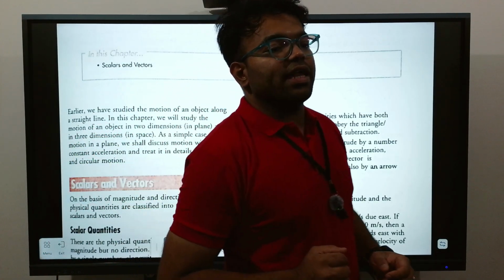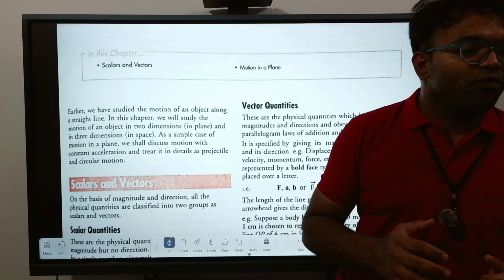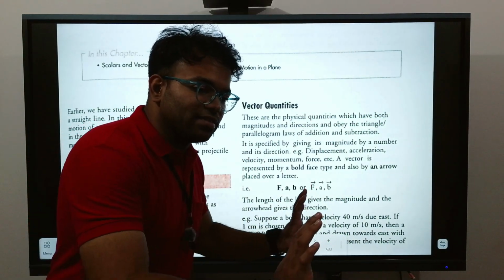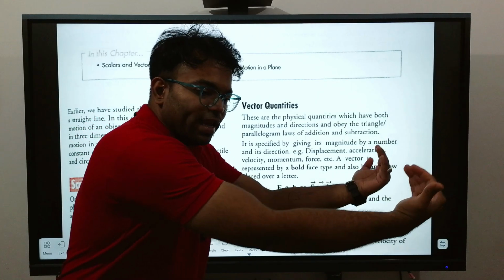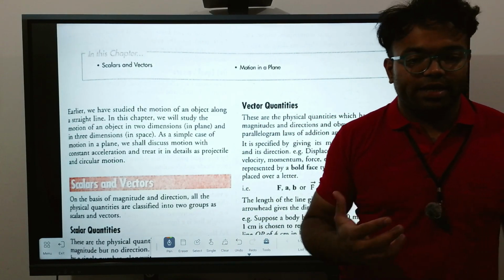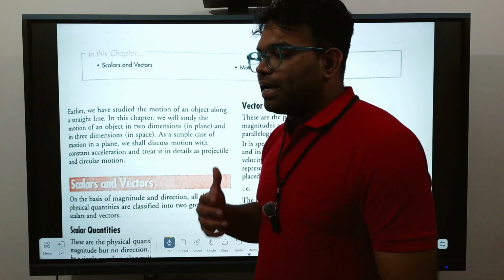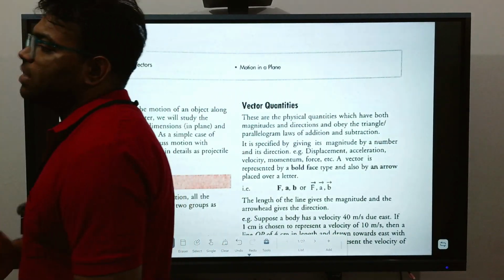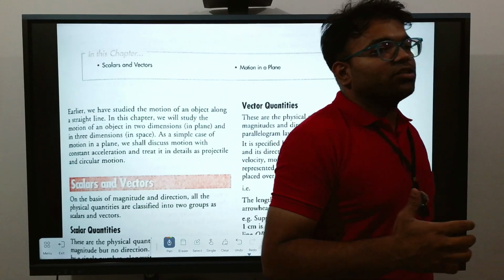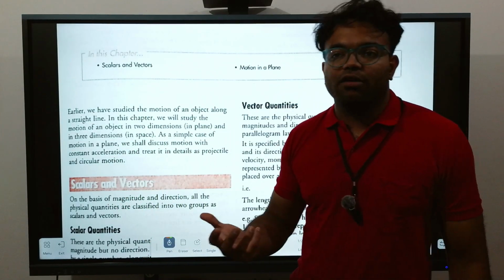But if there are two forces acting on it, one acting in this direction and the other acting in the other direction, then there is a directionality in it. The force that has a higher magnitude will win, and the resultant force will act in the direction of the higher force.